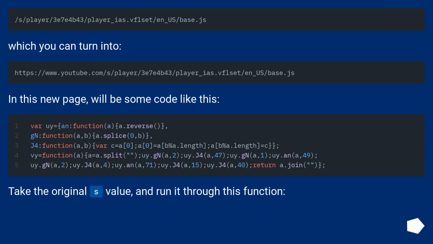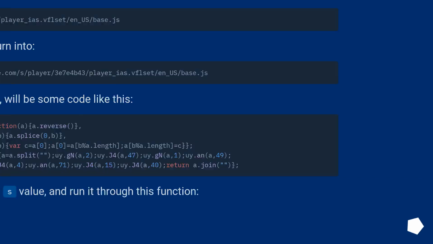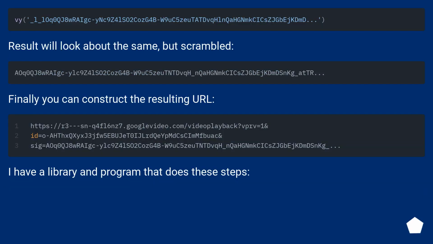Take the original s value, and run it through this function. The result will look about the same, but scrambled. Finally, you can construct the resulting URL.